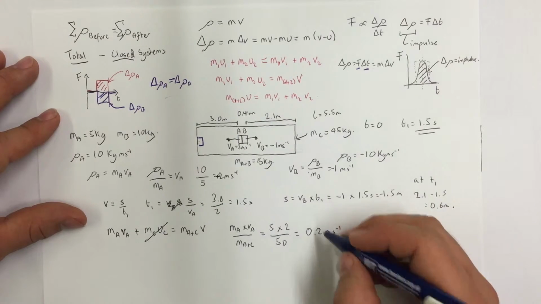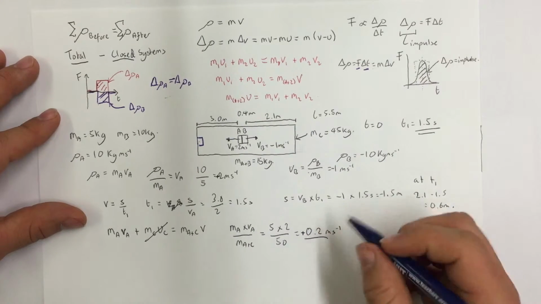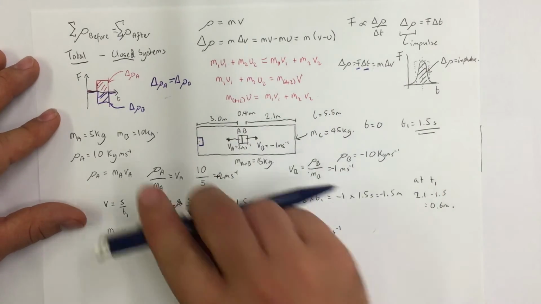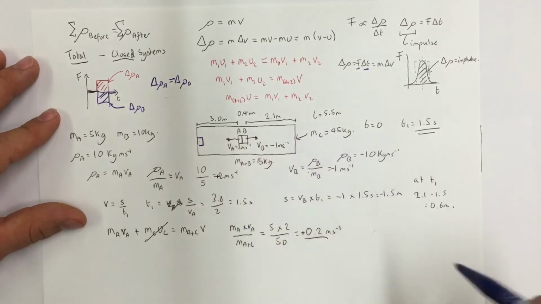Now that means the container is moving in this direction at 0.2. We know that B is moving in this direction at -1.